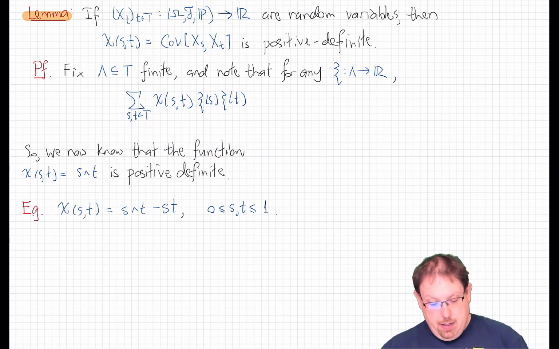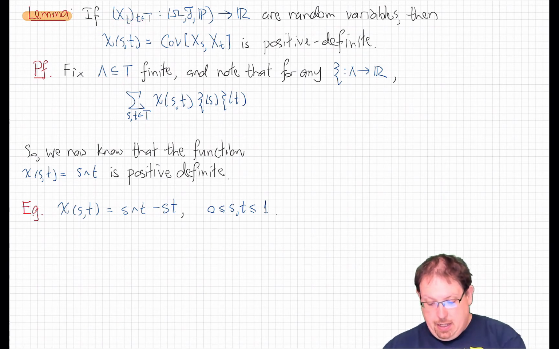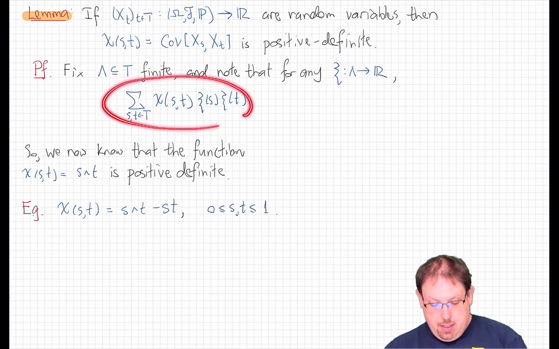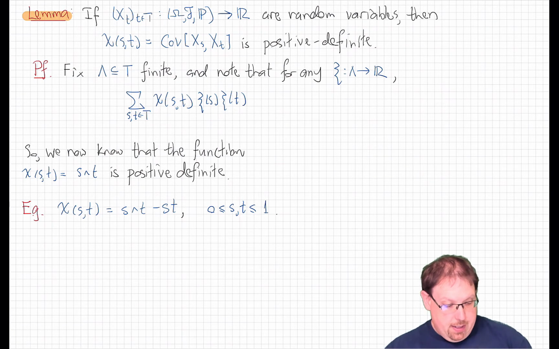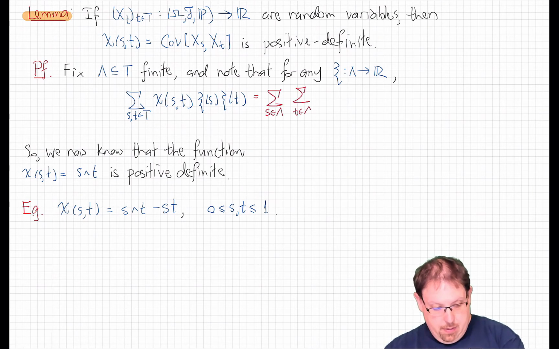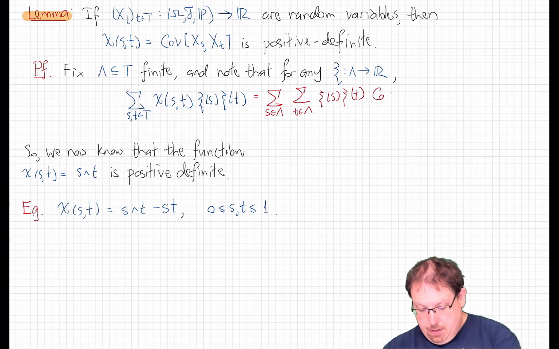Here's why. If I fix any finite collection of times for this general stochastic process, and I take any function of that finite collection of times, I can just compute this sum, which we need to see is non-negative. Well, that's a sum over s and t independently of each other, so that's a sum over s, with a sum over t of psi of s, psi of t, and then the function chi is the covariance of xs and xt.